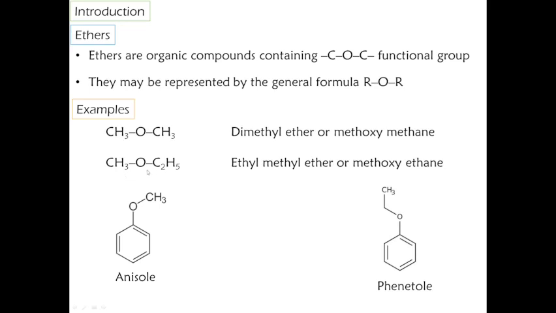And in this case of an unsymmetrical ether, one alkyl group is CH3 and another alkyl group is the ethyl group. So this compound is called ethyl methyl ether.